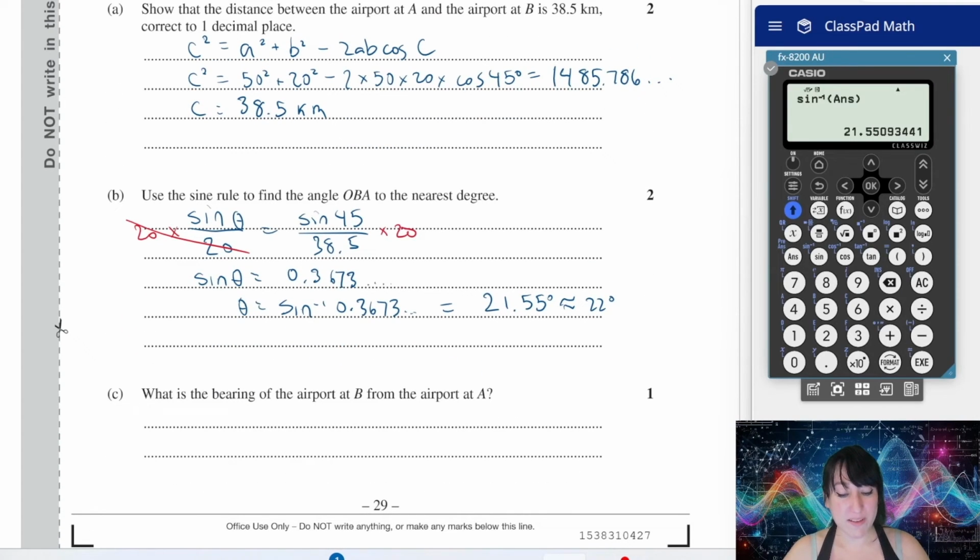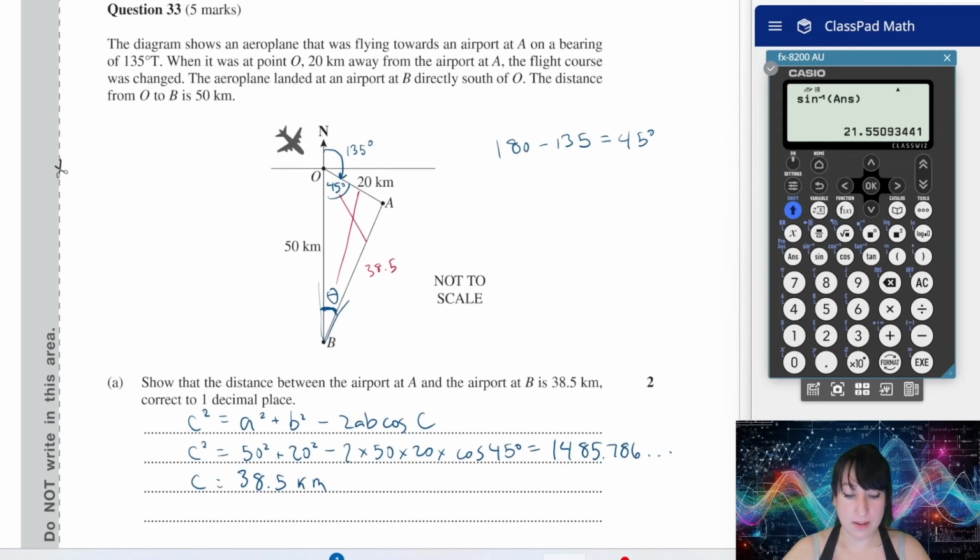Lastly, what is the bearing of the airport at B from the airport at A? Note the location that we are doing the bearing from. It is from airport A. That's where we draw the bearing. Okay, so we're going to draw a north arrow where we need the bearing.